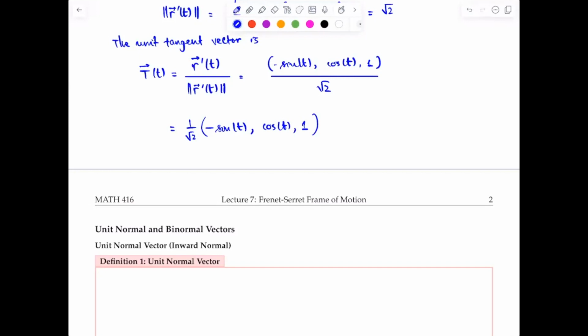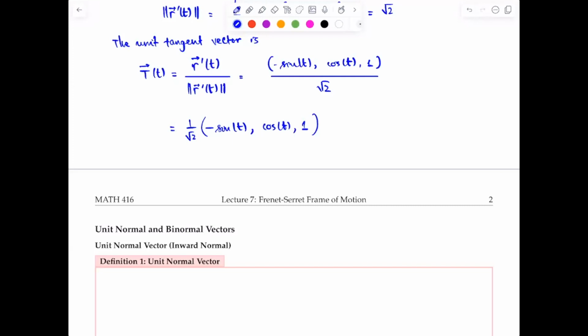Now let me move on to the two vectors, that is the unit normal vector and binormal vectors. When I say binormal vector, it is assumed to be a unit vector as well. Later on I will drop the word unit and just say normal vector and binormal vector, but it's always going to be assumed that they are unit vectors, and you will see why they are unit vectors.